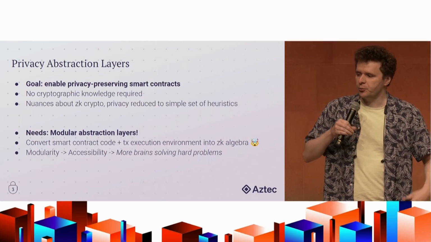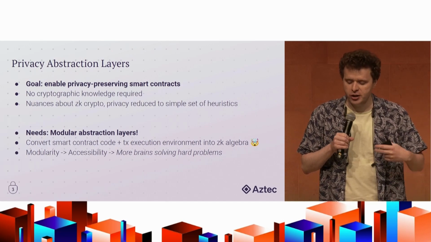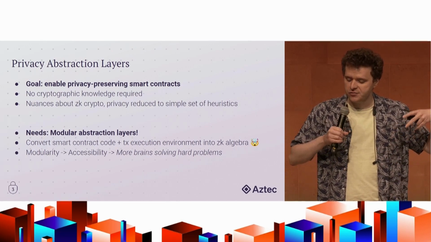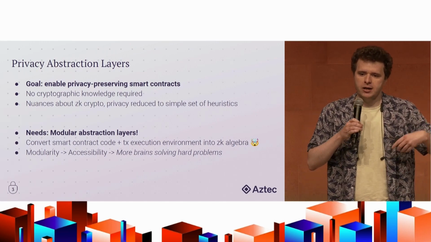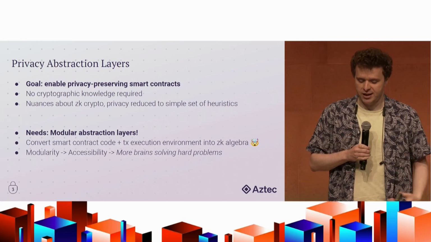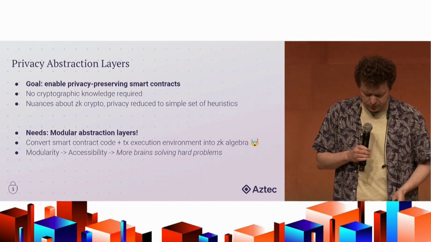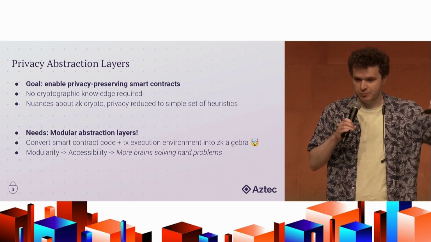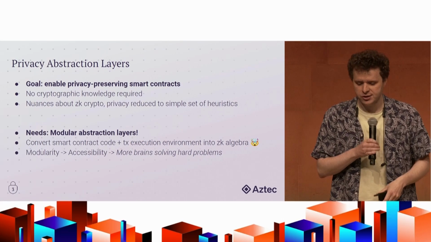And so we spent a lot of time over the last few years trying to figure out how you take this key foundational technology of zero-knowledge proofs and present it in a way that gives you the benefits of privacy whilst making it accessible to developers without requiring cryptographic knowledge. Basically boiling down all of the complexities to do with ZK and privacy to a relatively simple set of heuristics.